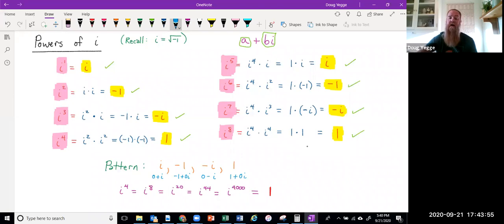Every one of these now looks like a plus bi, even though each of the powers separately needed to be simplified before it looked like that result. So now we have methods of being able to simplify all complex numbers to this form of a plus bi simply by adding, subtracting, multiplying, or dividing those quantities.